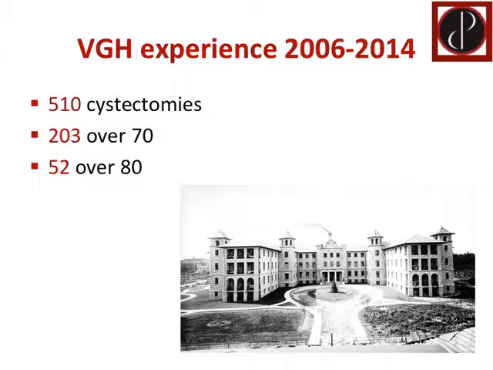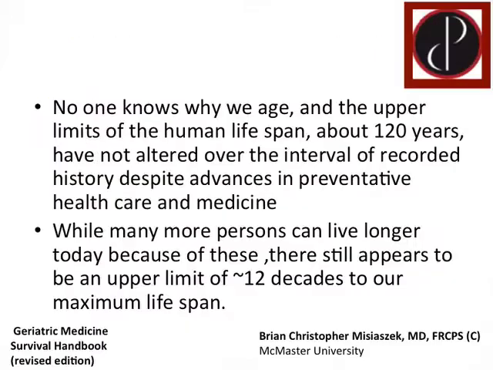Looking at the VGH experience, between 2006 and 2014, we had 510 cystectomies. Interestingly, 203 of them were over 70 and 52 of them were over 80. So we are dealing with all of these things in our daily practice.